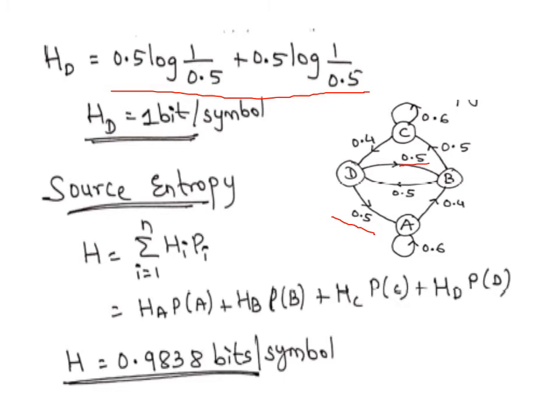Therefore, source entropy is H equals summation i equals 1 to n of Hi into Pi, where Hi represents state entropy and P represents probability.